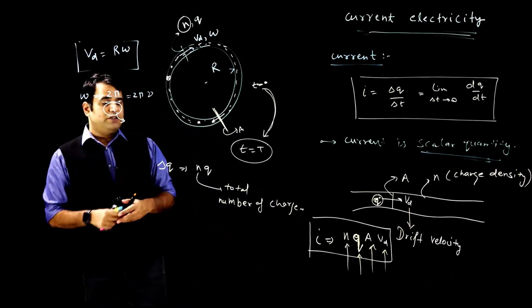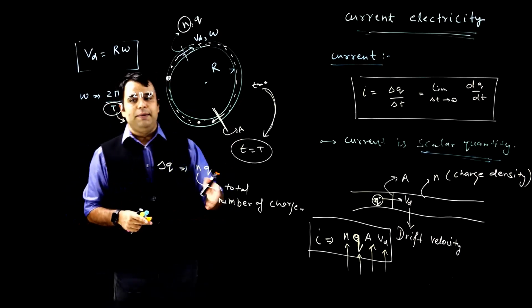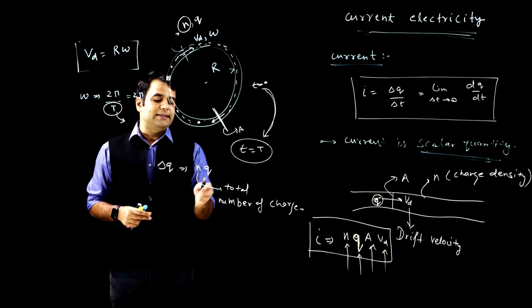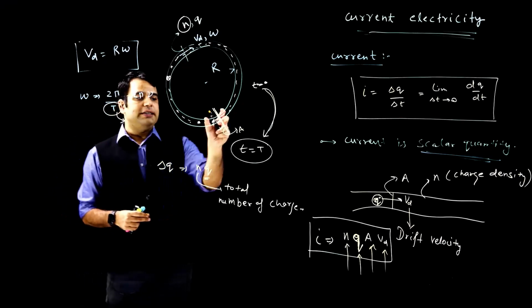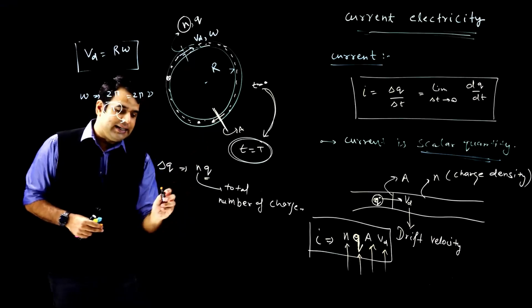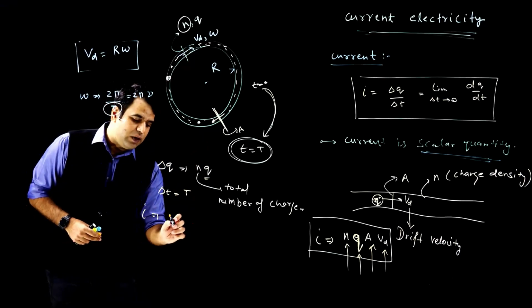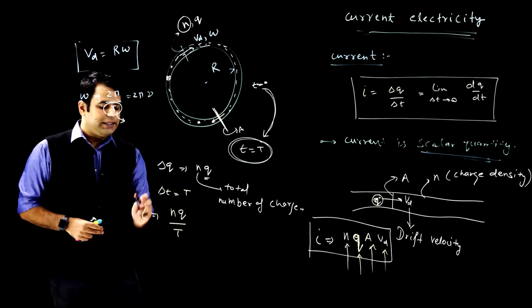Since N charges are there, and in this time each charge crosses this cross-section area only once, and each charge carries the charge Q, that much charge will cross this cross-section area within delta T time. And delta T here is capital T. So the current in this case will be equal to NQ divided by capital T.